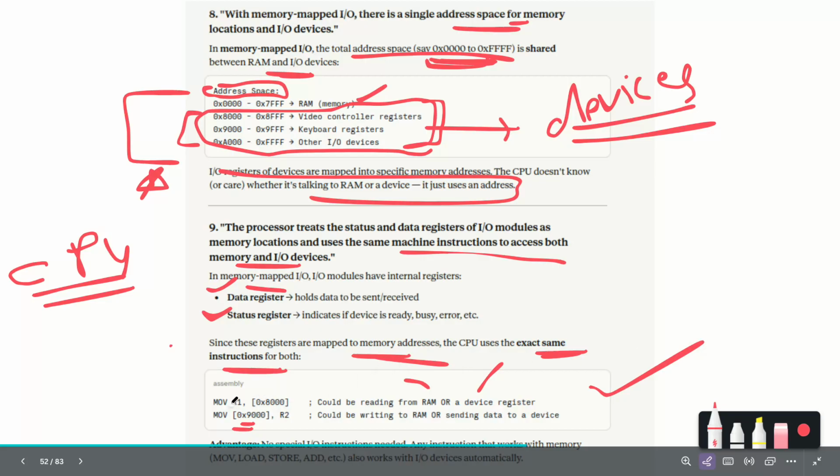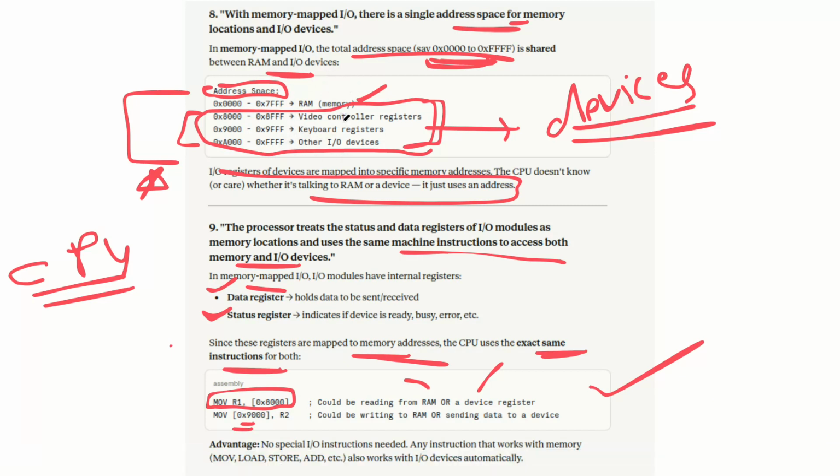That means whether this is a normal memory instruction, we don't need a special IO instruction, because this means I am reading from RAM or I am reading from a device, since the RAM and the device are sharing the same address space.